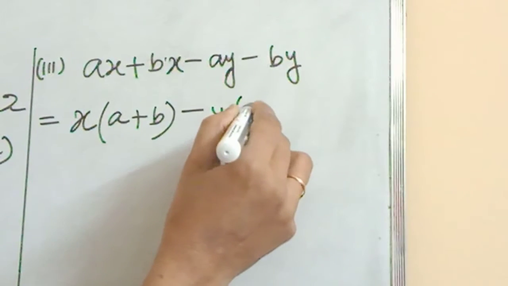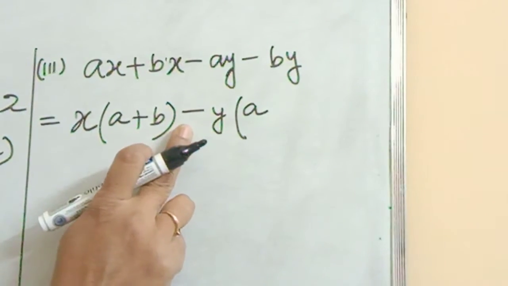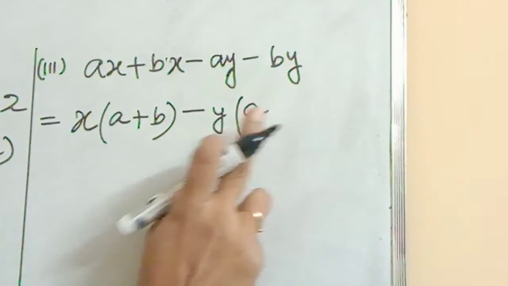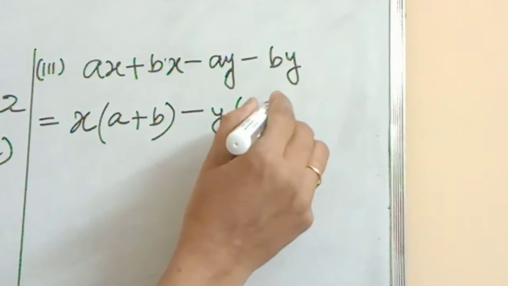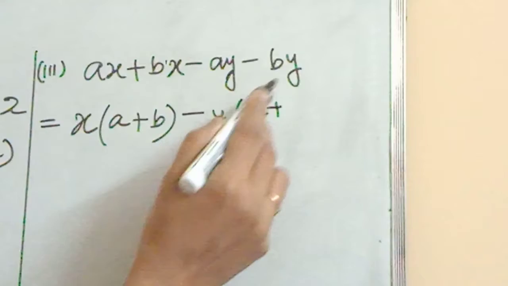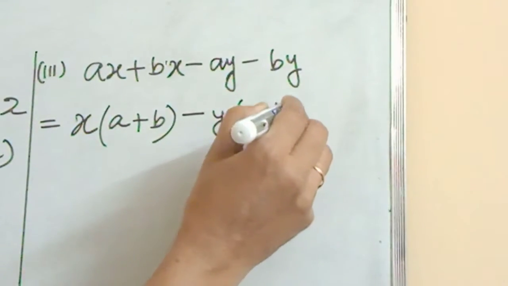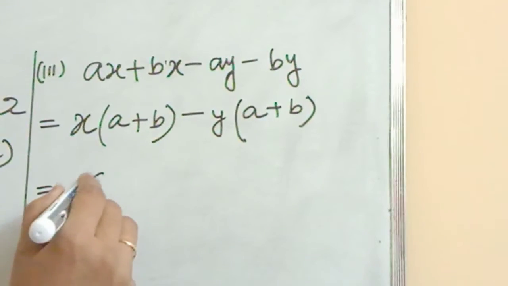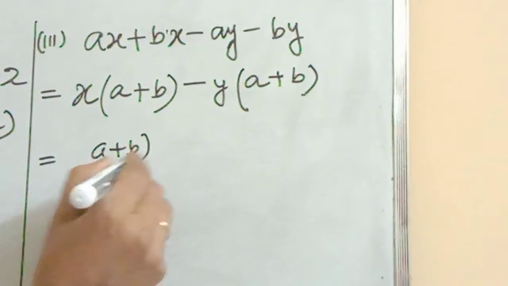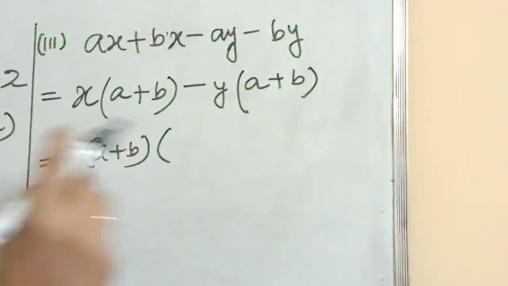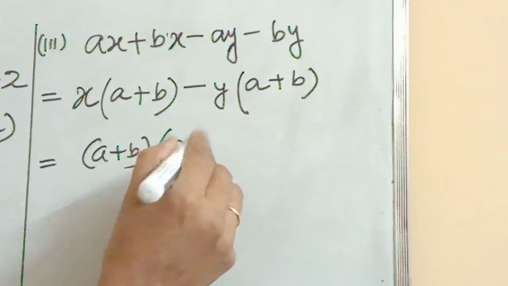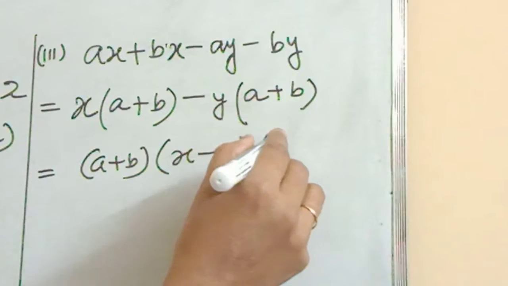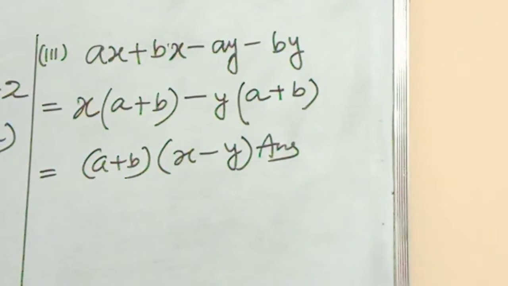Then here it is a, and because minus is outside, you have to change the sign inside the bracket. So minus minus will become plus, and if I take y as common, then b will be left here. Now a plus b, again second part common, a plus b, and the remaining part from here is x, and minus here it is y. So x minus y. Okay.